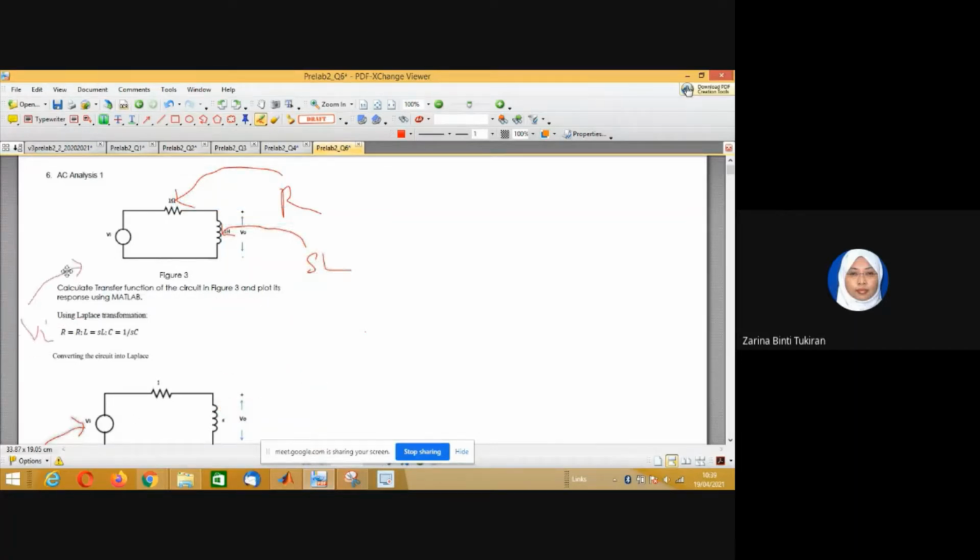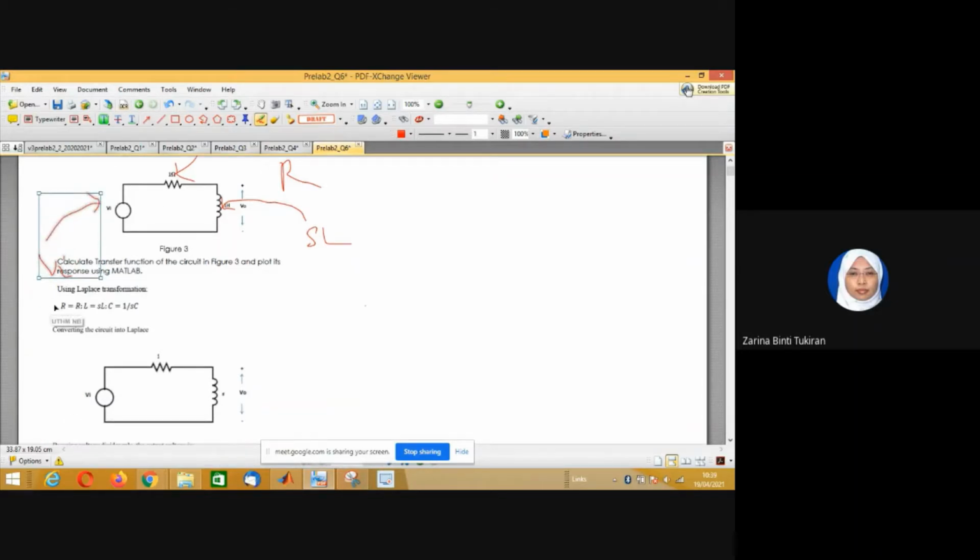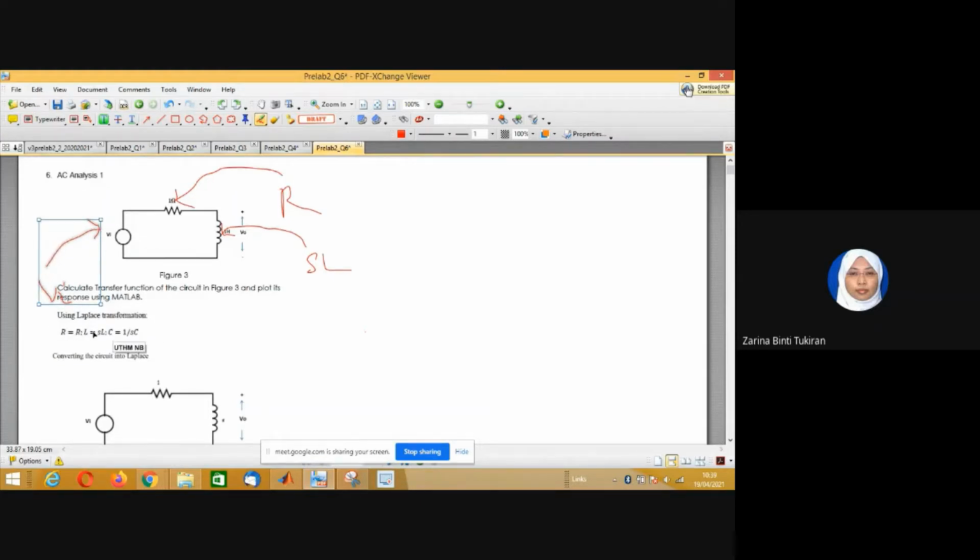And this is VI. So that you can relate the Laplace transformation here to the equation here.